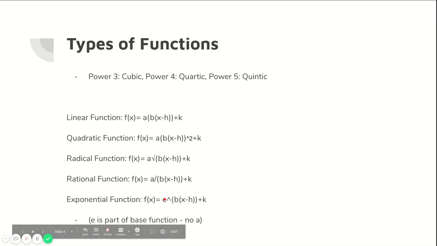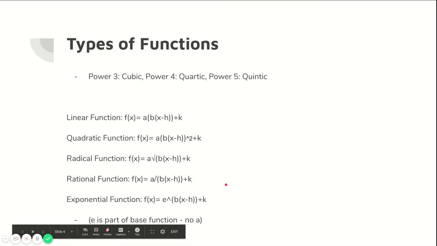So e is part of the base function, therefore exponential functions can have many different forms. e can be 1 or 2 or 3 or 4, and those are all of its own base functions. So this is just a real number to the power of x and whatever is affecting x, all of that plus k.